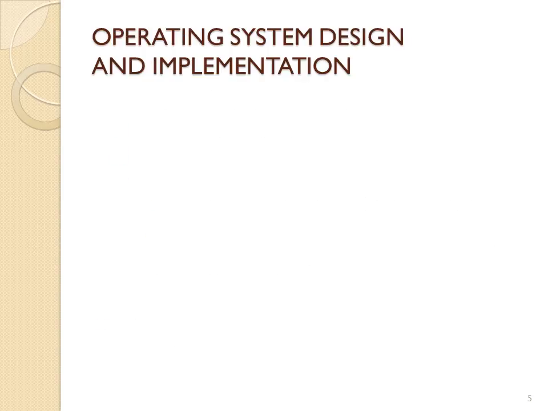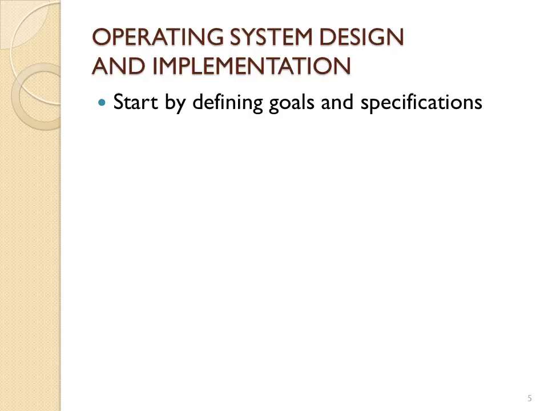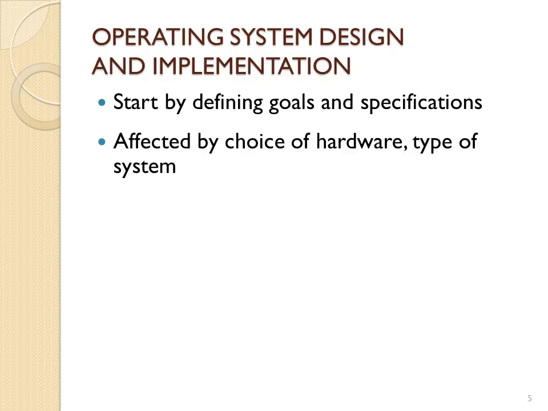And if you're going to implement an operating system and design an operating system, first you need to start by defining the goals and specifications. And all of these goals of your system, as we discussed in Unit 1, are affected by what type of system you're using, what type of computer system you're using, what type of hardware. Do you have a multiprocessor system, a single processor system, a multi-core system, a clustered system?